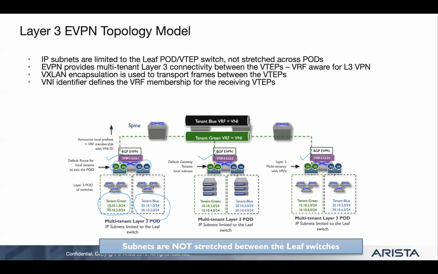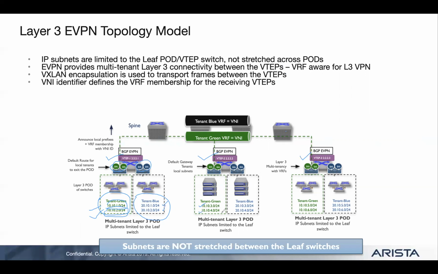Now under this VTEP, you have one subnet, 10.10.1.0 and 2.0. This is an independent subnet. So all the hosts behind this VTEP in green VRF have this subnet. Similarly for blue also this subnet. On another VTEP, the subnets for the hosts are different in green and blue.